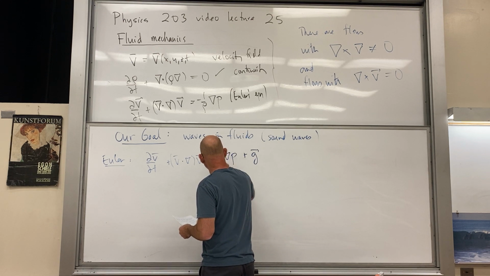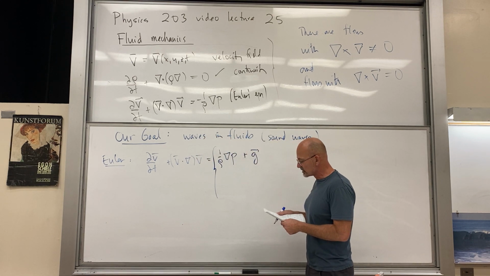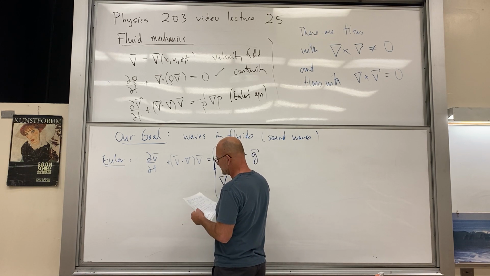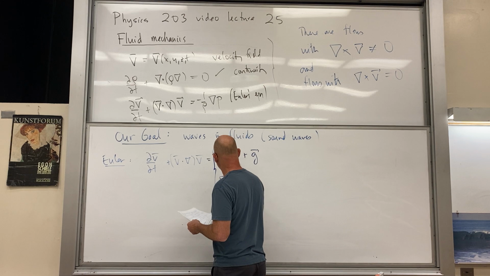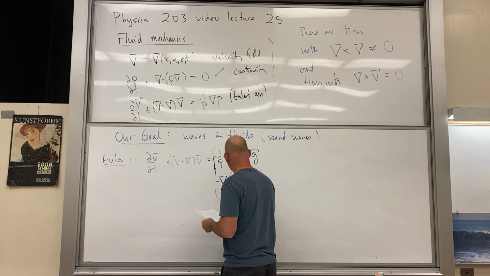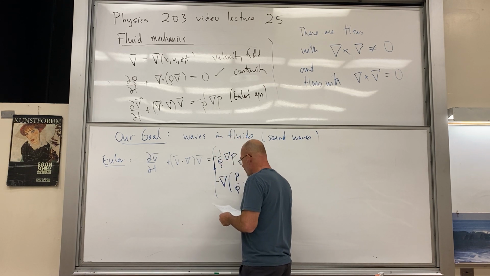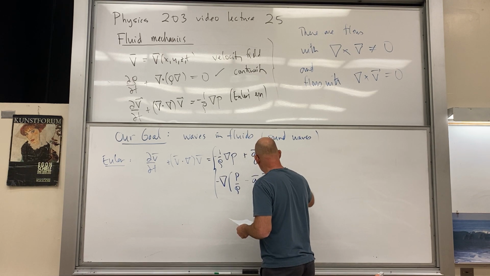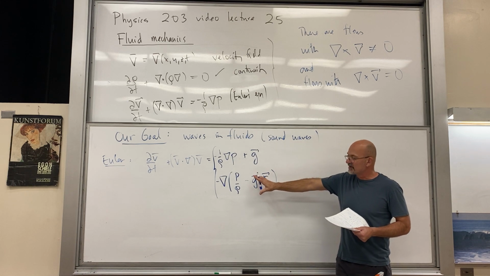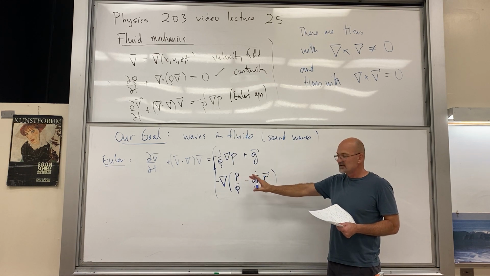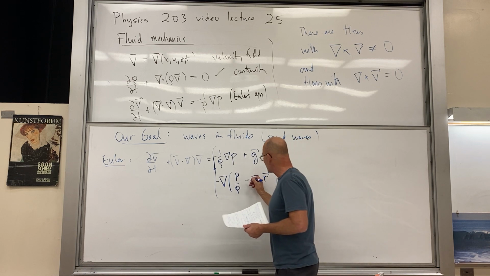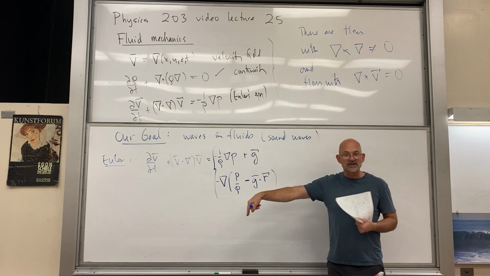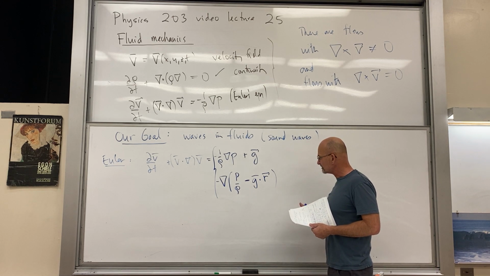Now, let me just do some alternate expressions right here. We can have minus gradient P over rho minus G dot R, okay? This will just give us our uniform gravitational field pointing in the down direction, okay?